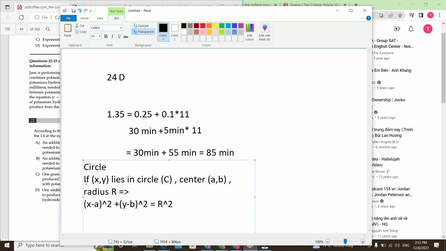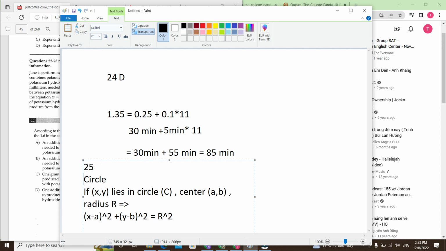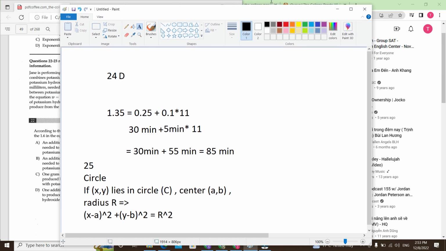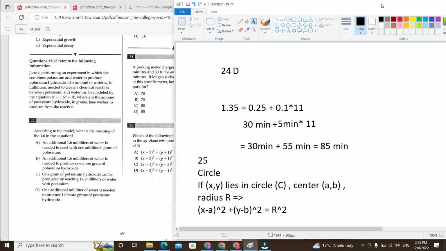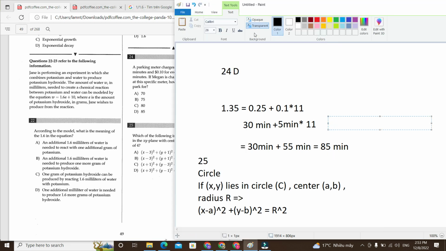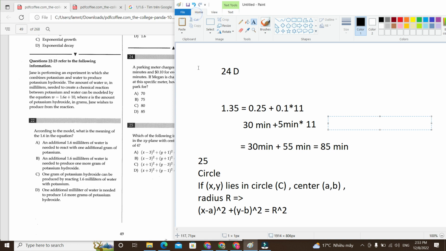Right? So we just have to plug in. What do we have here? We have the circle. Okay, I'm just going to put this aside. I just want to delete this.